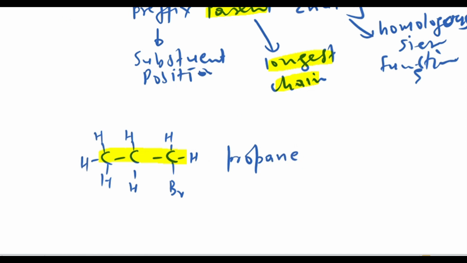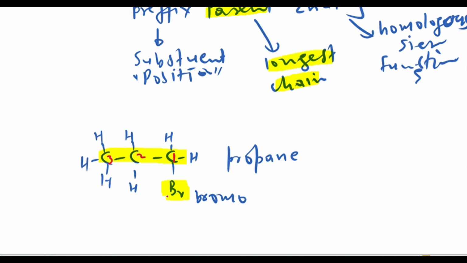Then we have the functional group, but the focus is on the substituent. We don't look at functional groups here, we look at the substituent. The substituent is bromine, which means we are going to say bromo. Now the position of the substituent. If we start here we have 1, 2, 3, but from this side it is also 1, 2, 3.